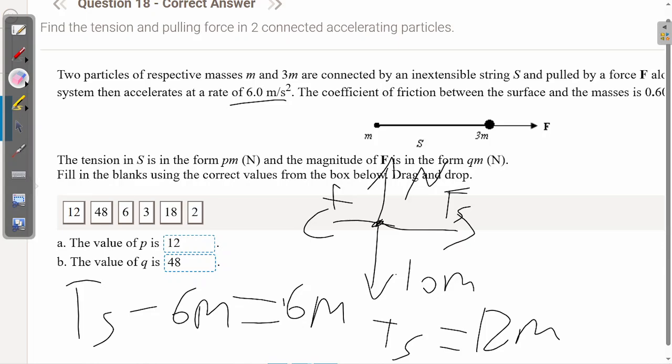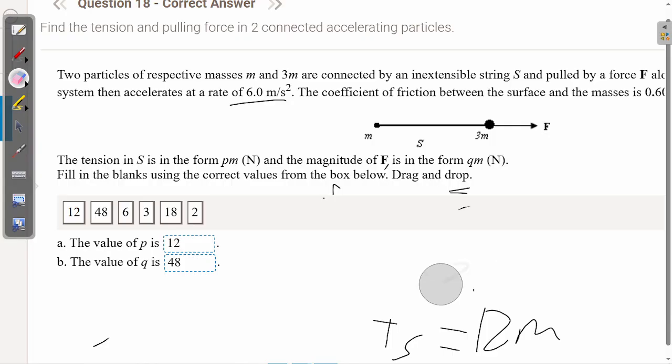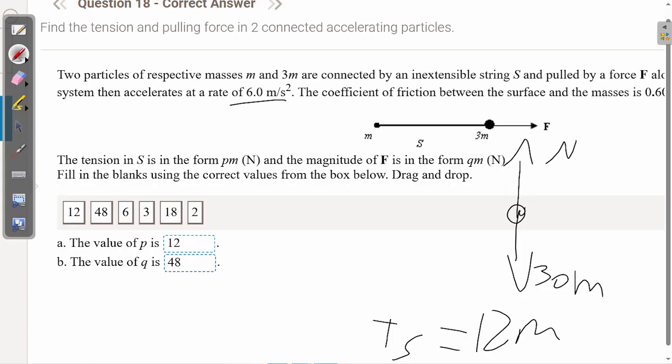Okay, now the next thing they want to find is the magnitude of F. By the way, F is only on 3m, not on m. This is important to know. Okay, now we do 3m. Now the weight is 3m times 10, which is 30m, and the normal, the force, there is friction, and there's also the tension.